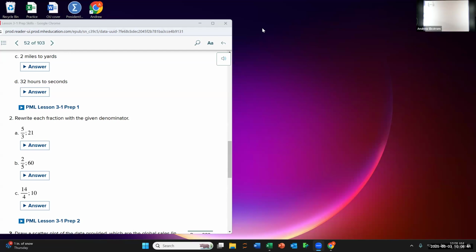Now, when we're trying to find that common denominator, a lot of times what we're going to end up doing is multiplying the denominator by a certain value to make it what we want. And then once we multiply the denominator by that value, we then have to multiply the numerator by that same value. So 3 times what gives you 21?